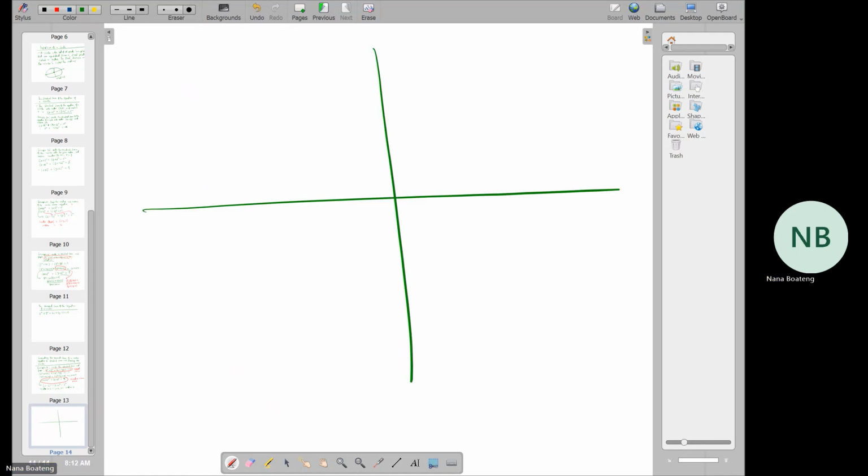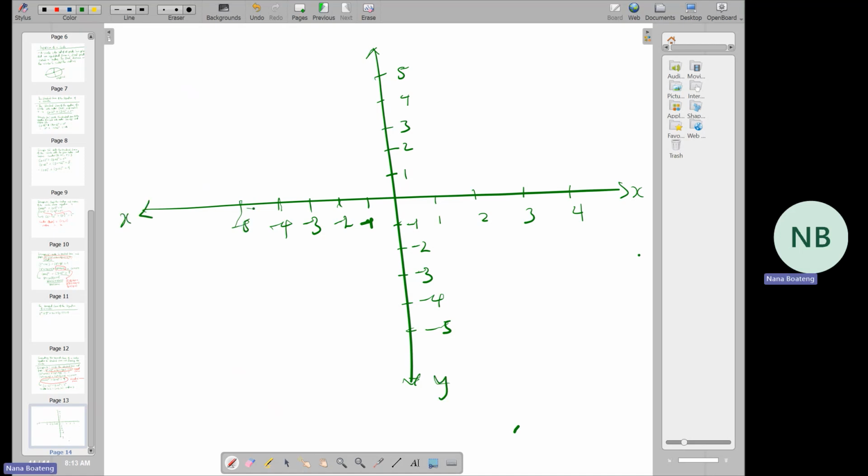Okay, we label the axes with their values. All right, so the center is at negative 2 and positive 2.